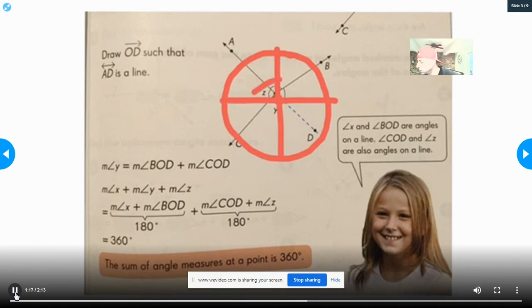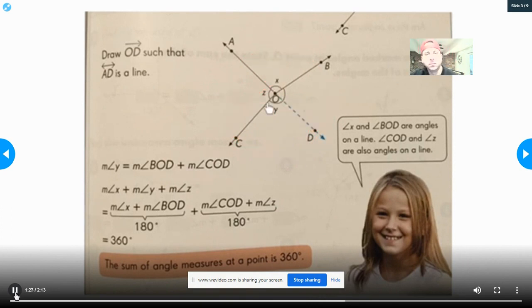So if the angles at this point right here all kind of work together going around, then we know that each one of them, when you add them all together, must add up to 360. And that's a lot of what we're doing in this lesson. We're going to be figuring out unknown angles.